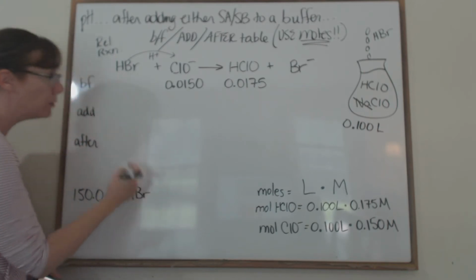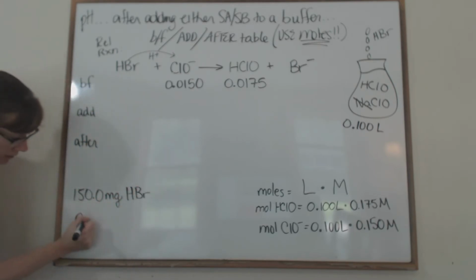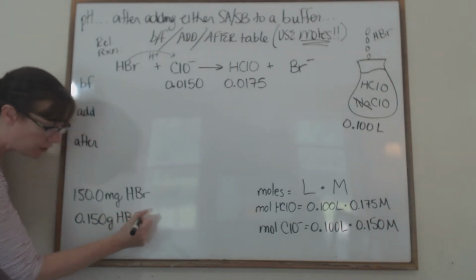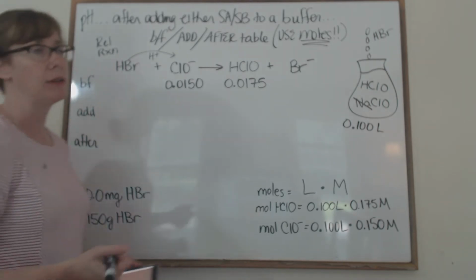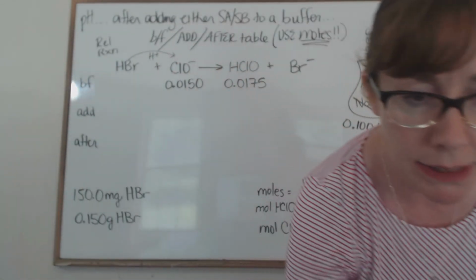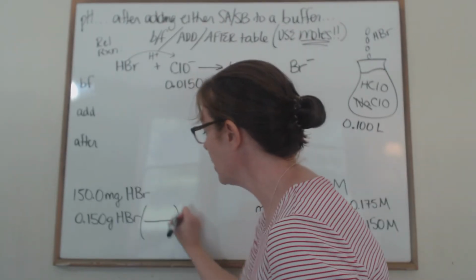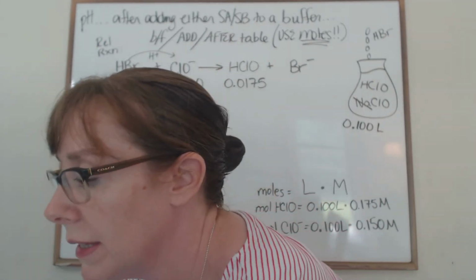So how many moles of HBr are we adding? Well, this is just turn it into moles. I'm going to do this in my head. That's 0.150 grams. I just turned milligrams into grams. You just divide by 1,000 to get it into grams. So this would just be a gram to mole conversion because this time they're giving us grams.